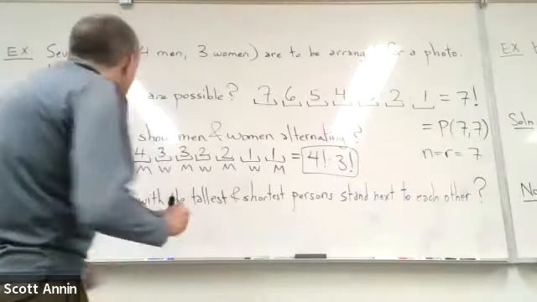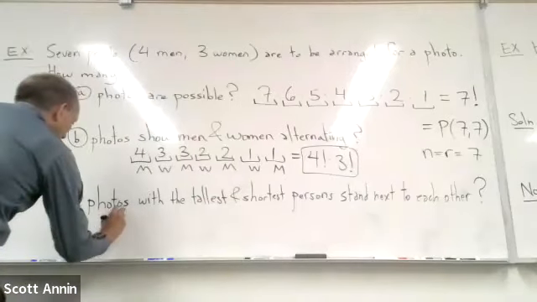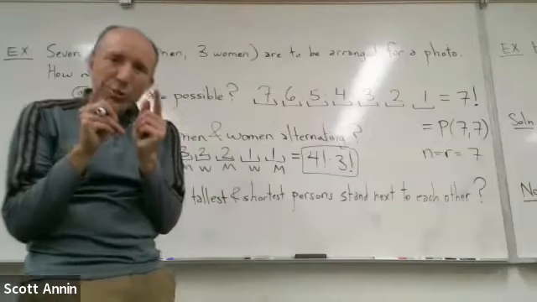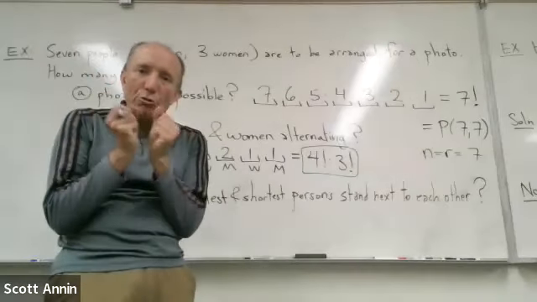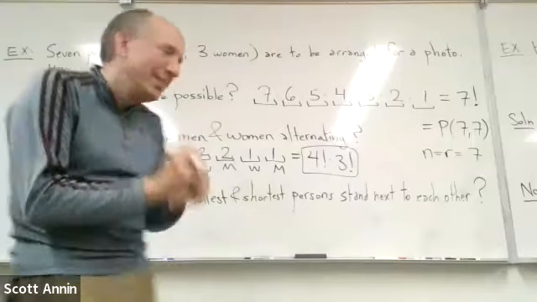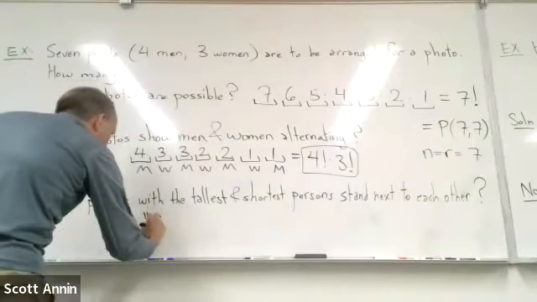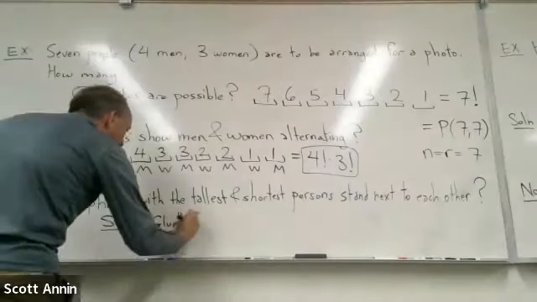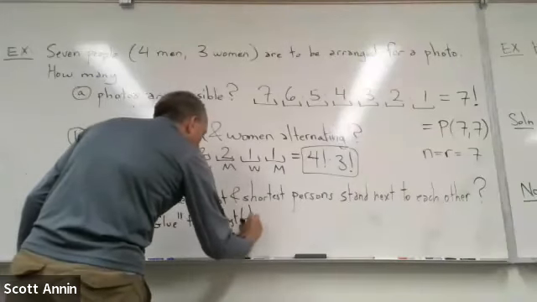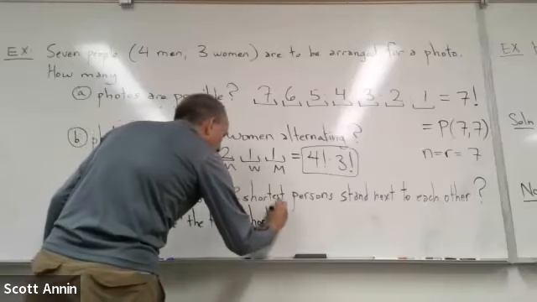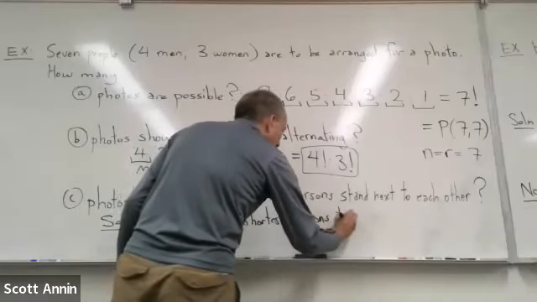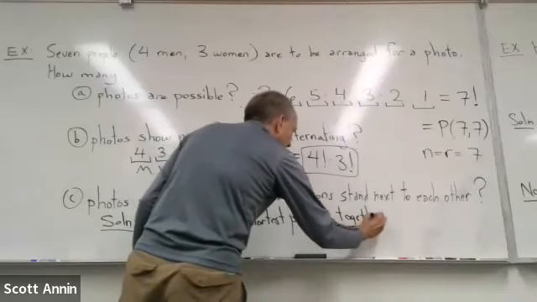And the way I want to think about this one is a little bit of a new idea, but I want to take that tallest and shortest person and actually glue them together to each other as if they are a block. So I'm going to quote unquote glue the tallest and shortest persons together, those two people together.